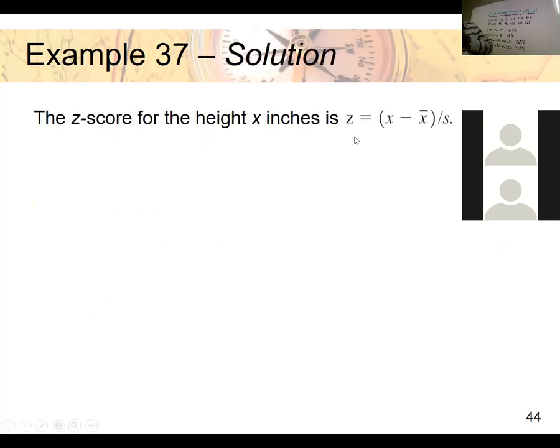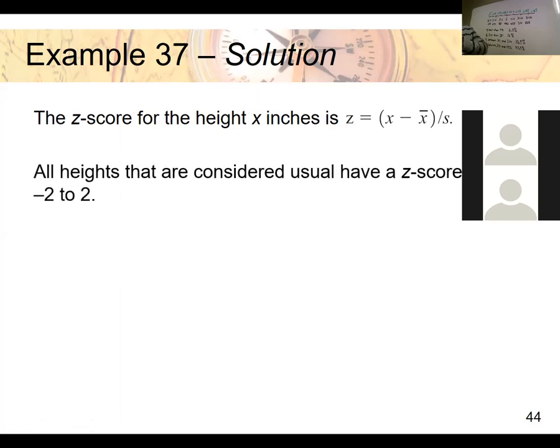Here we have to use the Z formula, x minus x bar, where x bar is the mean, divided by s, the standard deviation. For it to be usual, the z-score has to be between -2 and 2.